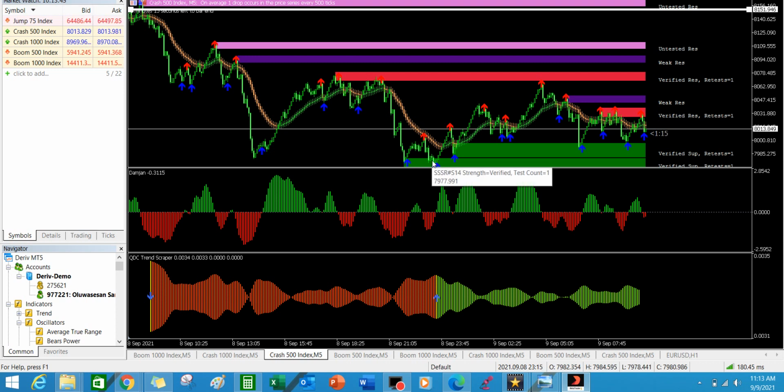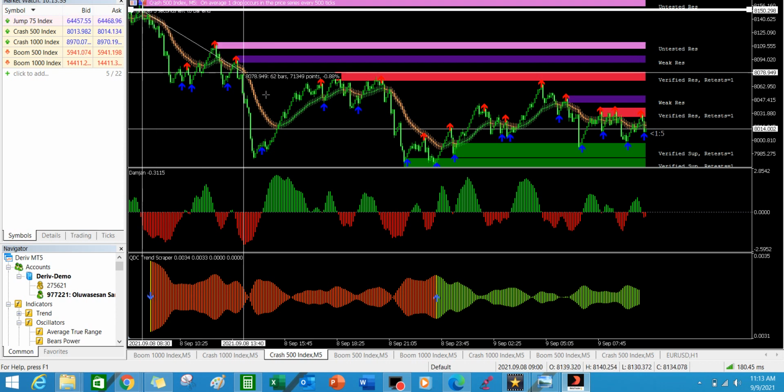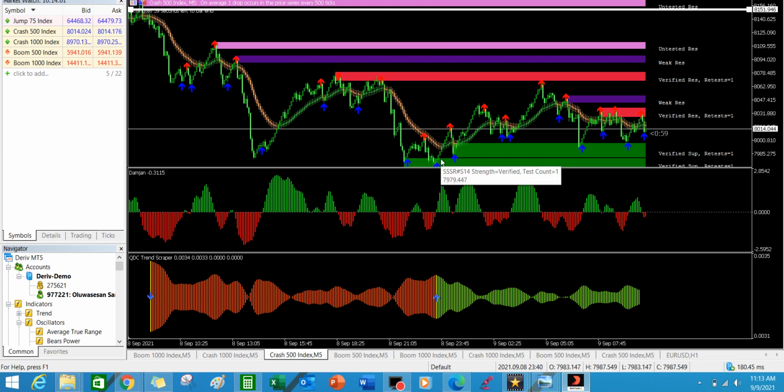And this is on the 5-minute time frame, and it will take days before the trend is completed. So this can help you to milk the market successfully for a very long time.